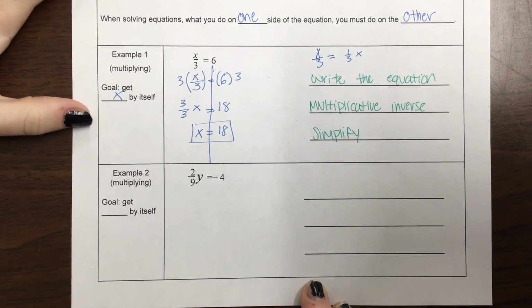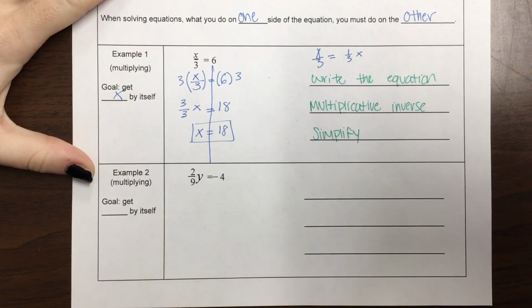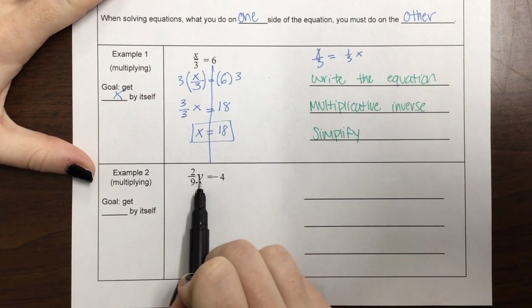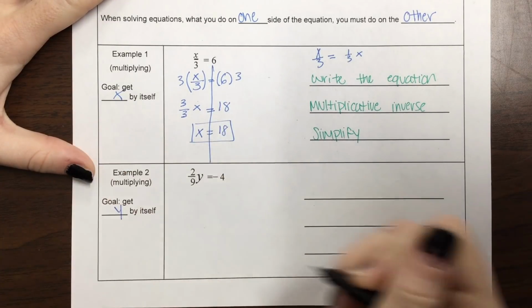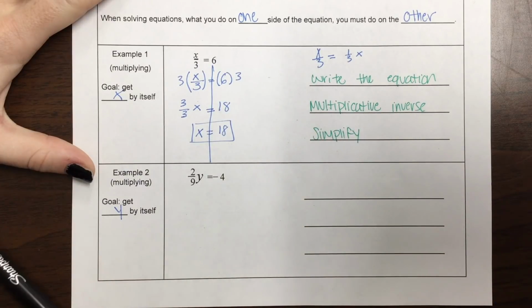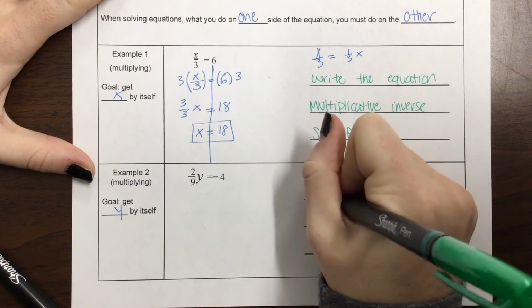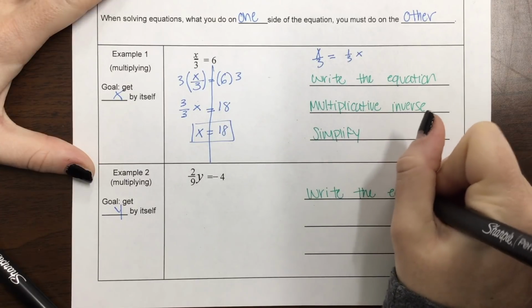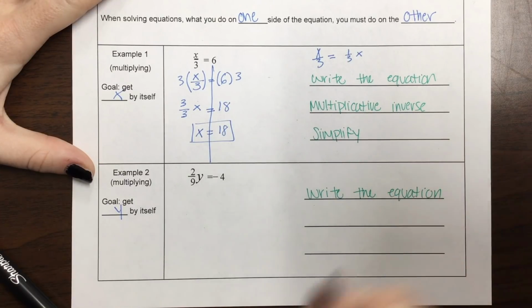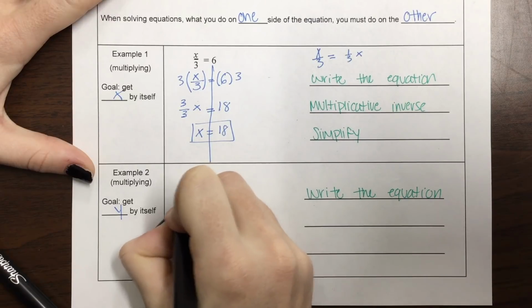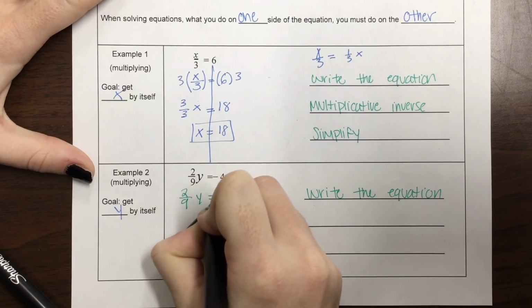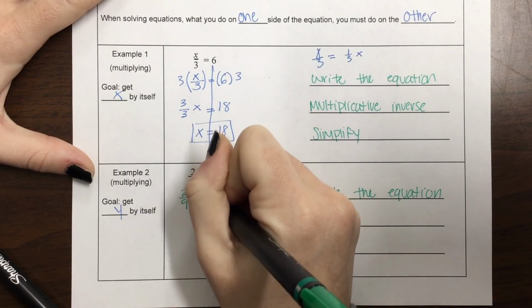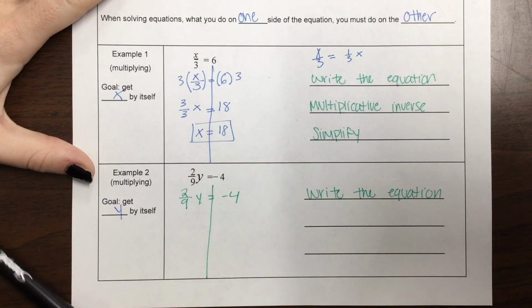Okay, this one down here, our goal, what's our variable? Our variable is y. I want to get y by itself. I'm going to write the equation. Two ninths y equals -4. Draw the line through it.